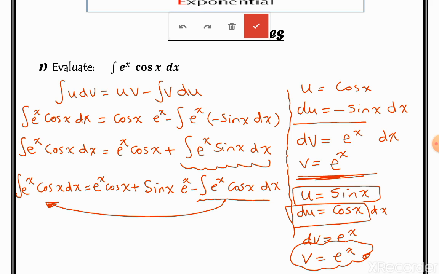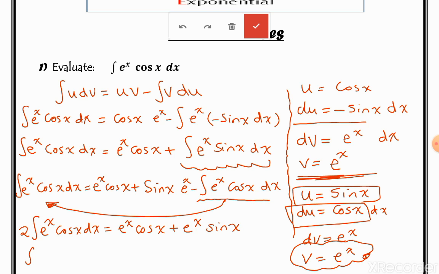When you move one term from one side to the other, you just change the sign. So it's 2 times the integral of e to the power of x cosine x dx equals e to the power of x cosine x plus e to the power of x sine x.